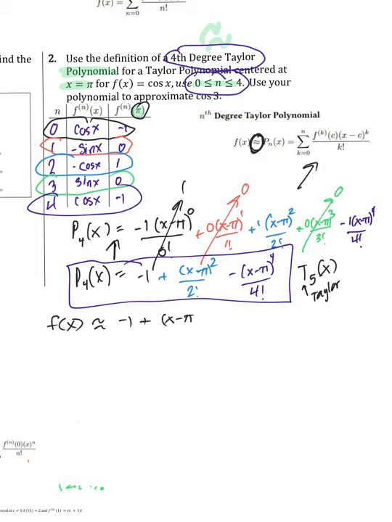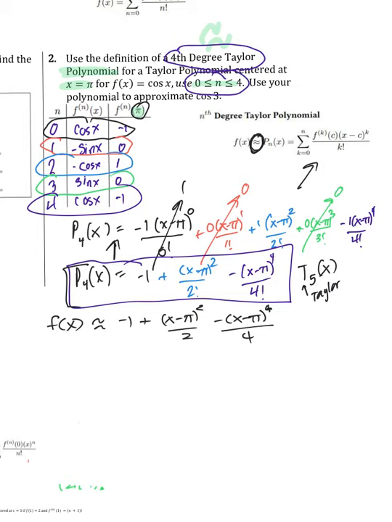So if we're relating back what we just found to the original function, we have to use that approximately symbol. If we're just talking about what the polynomial is or defining it, we can use an equal sign. And when we're using a series, it's always going to be an equal sign. So that was the first part of this question.